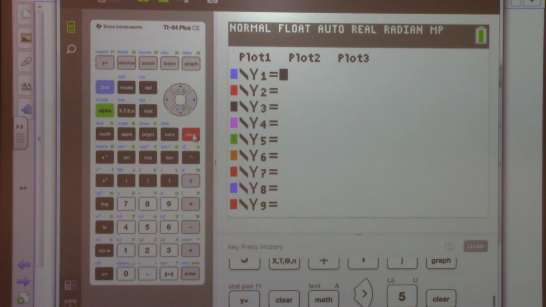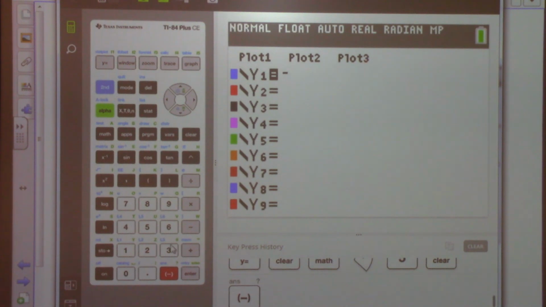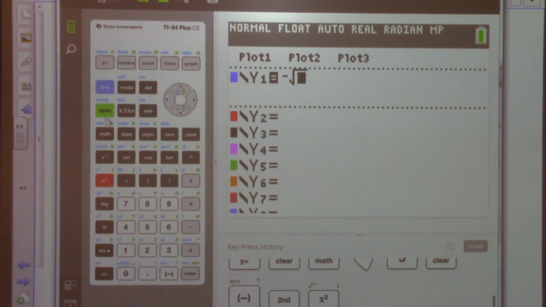Which one is J? Let me see what J is. Negative square root of x? Yeah. So here's your negative, and then here's your square root. How do we get to it? Second, then squared. So here's your negative square root. You got that now?